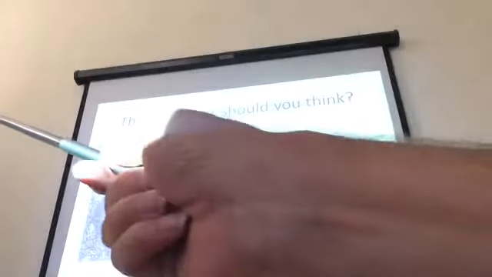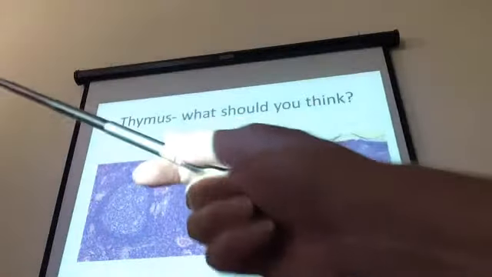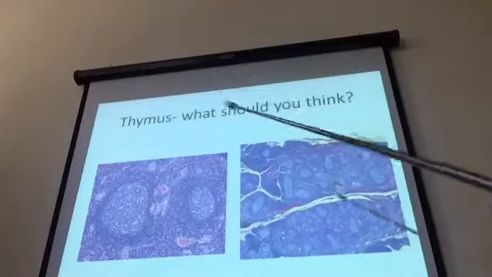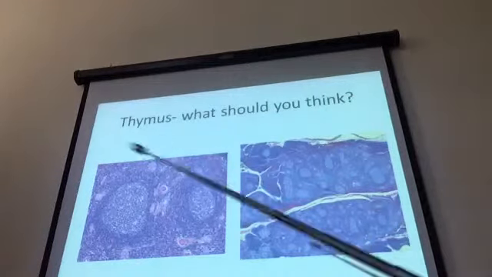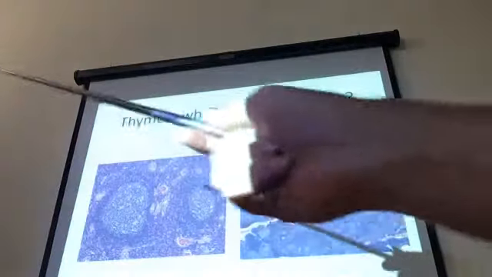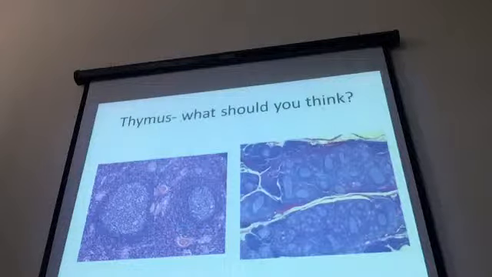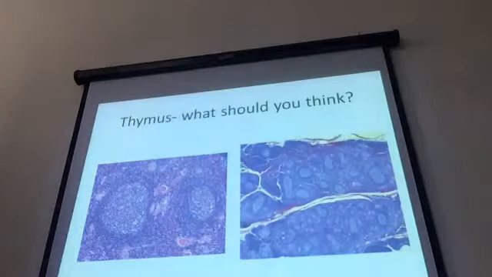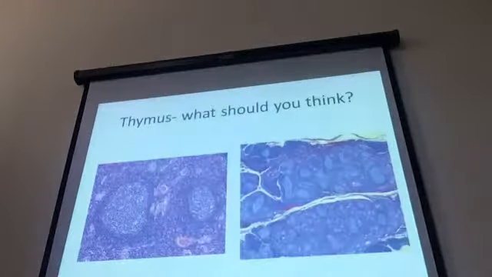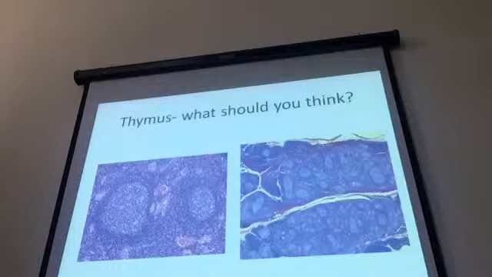So differentiating follicular structures versus thymic hyperplasia is sometimes a problem because at low power, this looks like thymic hyperplasia, but when we see that these are true germinal centers, it says something's wrong here. And in fact, when we see germinal centers, the most common disorder is myasthenia. So this is a very common finding in patients with myasthenia gravis.